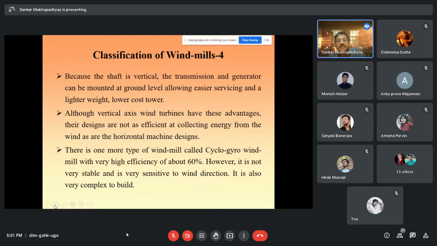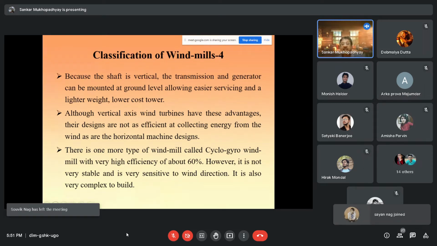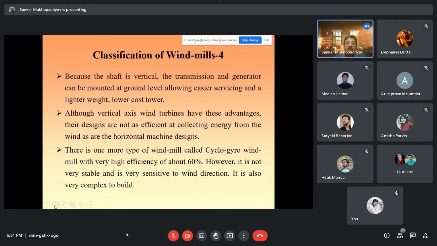Although vertical axis wind turbines have their disadvantages, their designs are not as efficient at collecting energy from the wind as the horizontal machine designs. There is one more type of windmill called the Sigiro windmill, with very high efficiency at about 60%. However, it is not very stable and it is very sensitive to wind direction. It is also very complex to build.